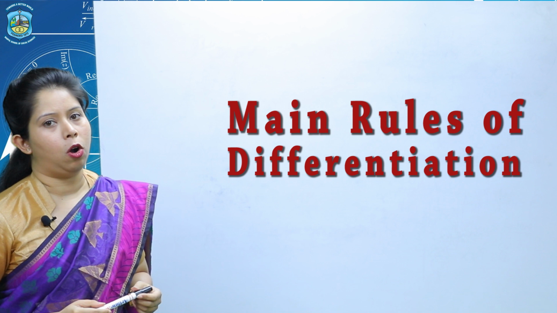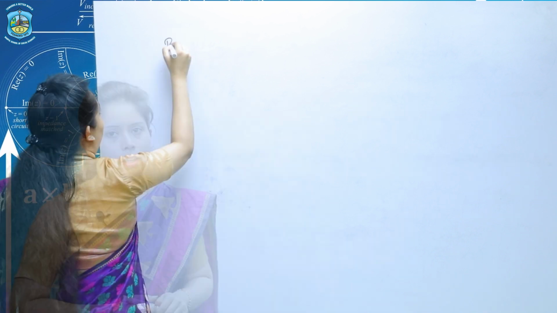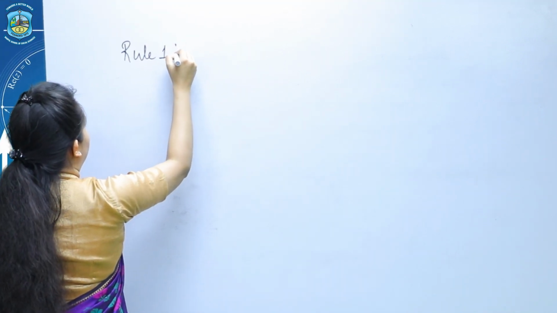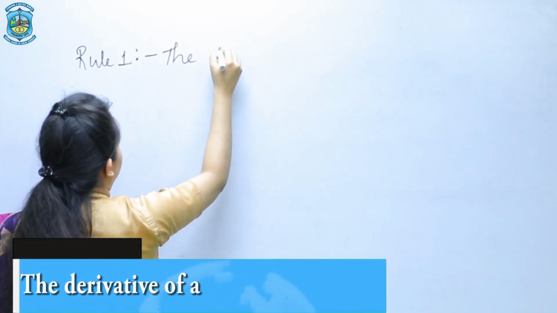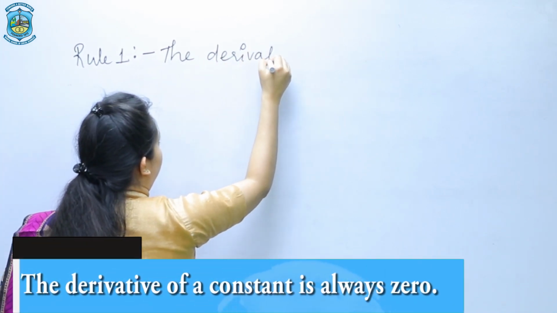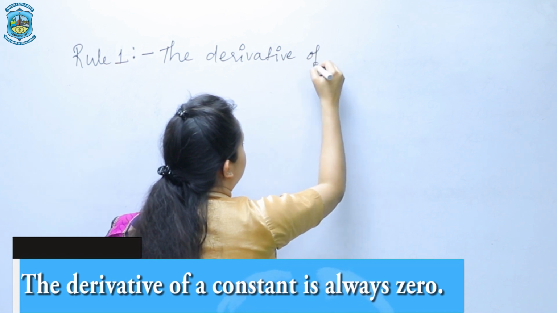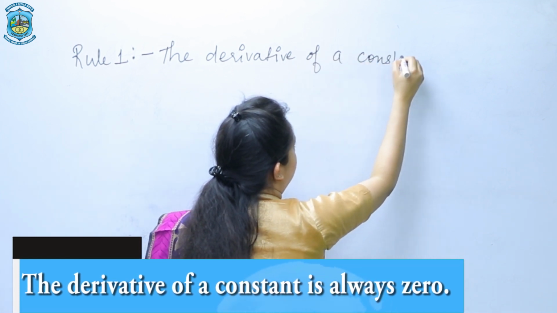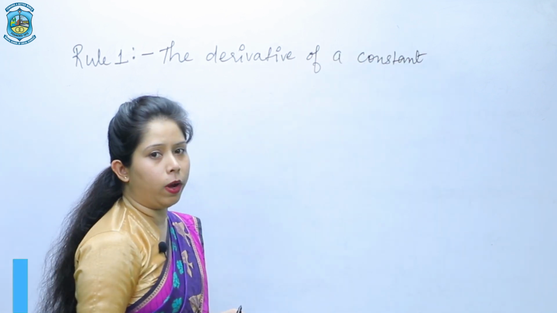So, the first rule of differentiation is rule number 1. The derivative of a constant is always 0.